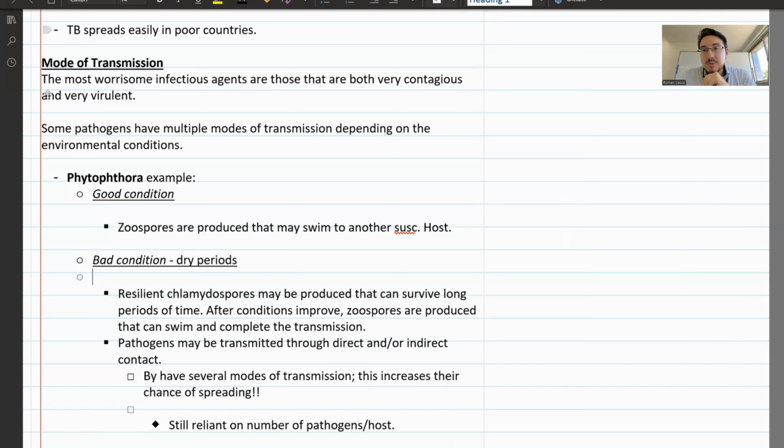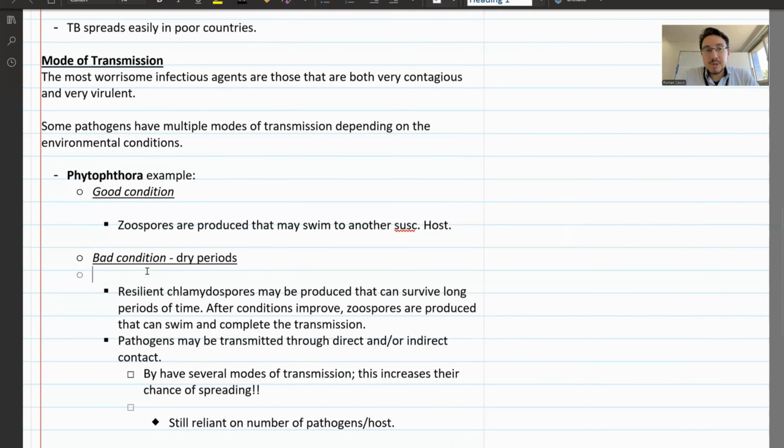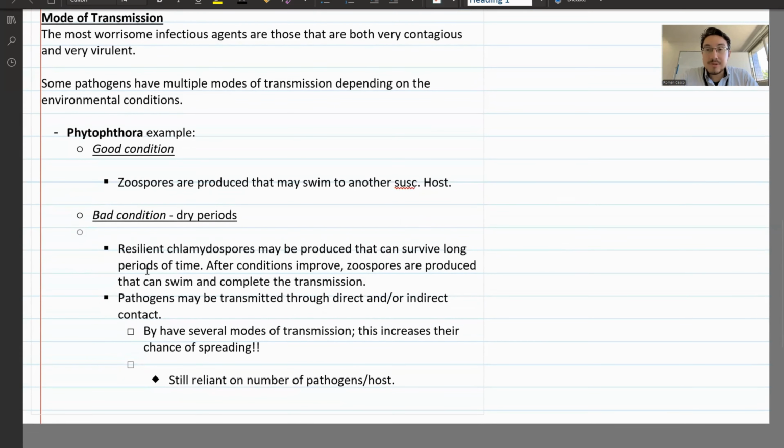And in bad conditions where there are dry periods, they are able to also produce another type of spore, which I mentioned before, chlamydospores, that are produced to thrive in dry conditions, and they can retain these little spores and these new individuals that can thrive during the dry environment in a dormant state.